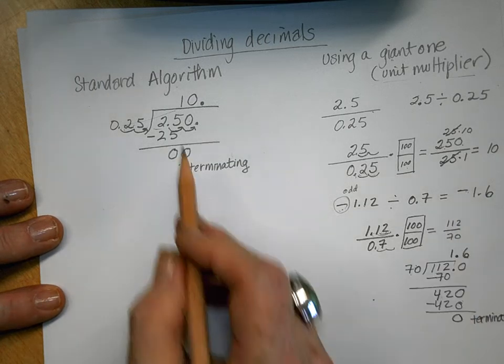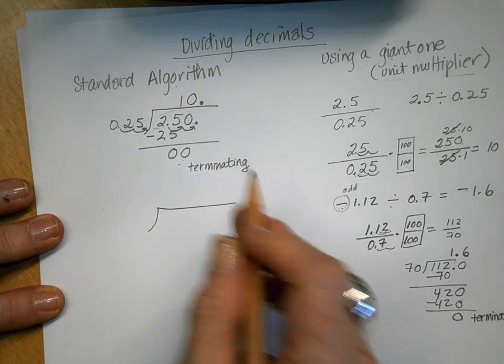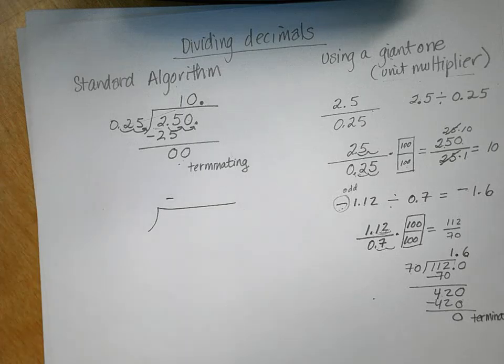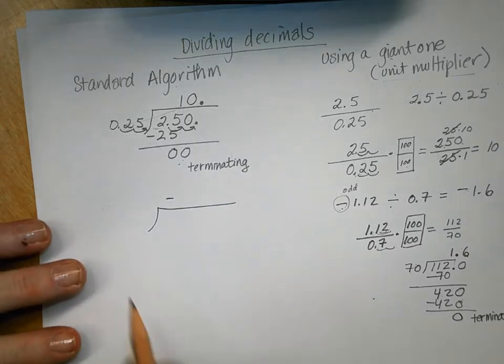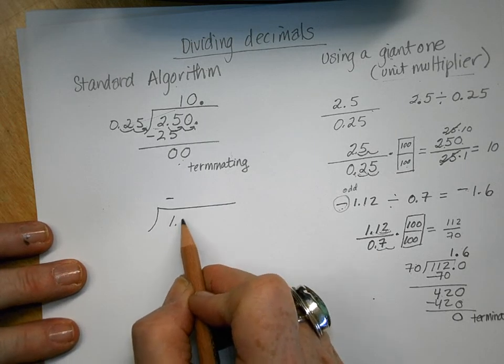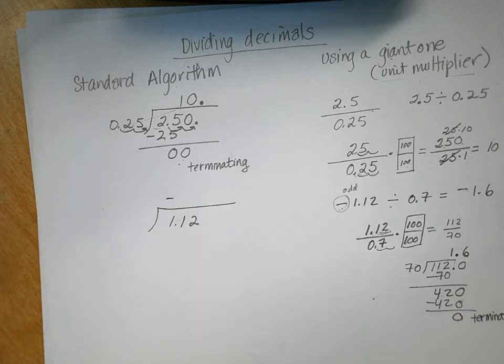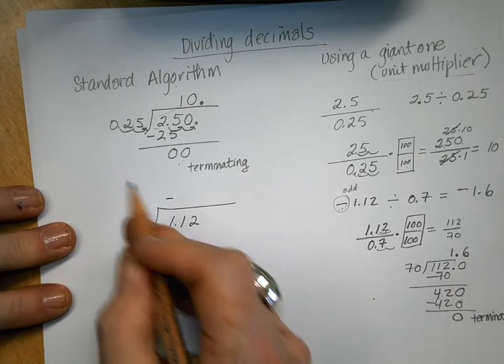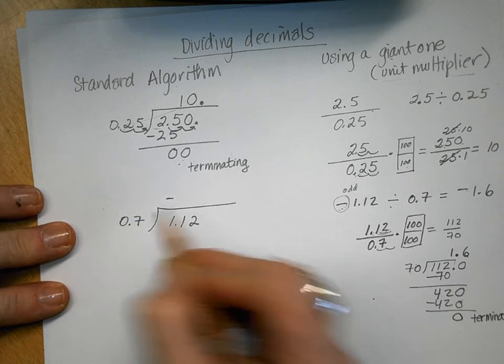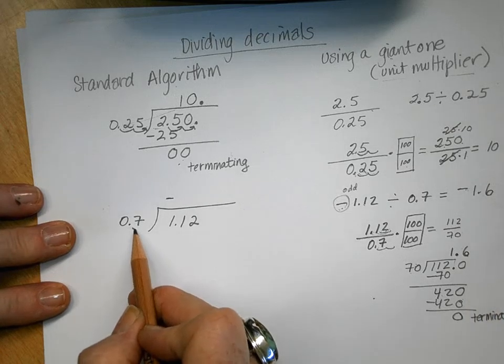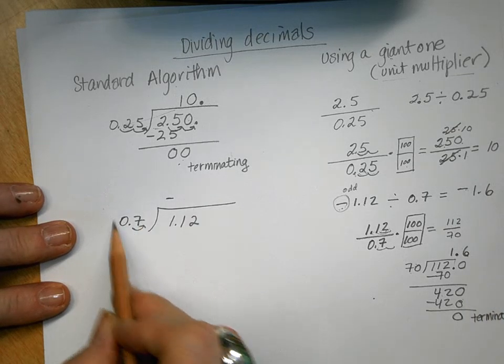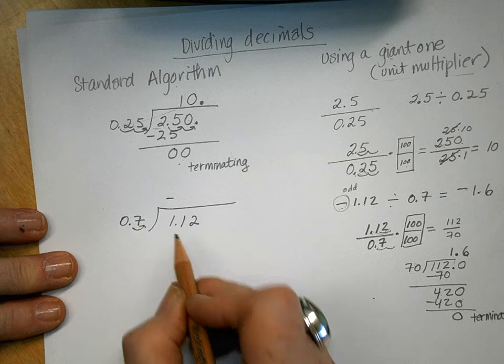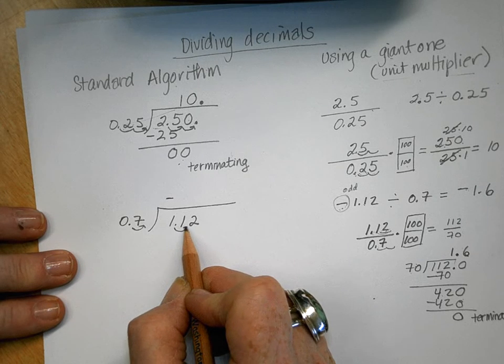Now if I were to do it with a standard algorithm, again, I know my answer is a negative, so I put my negative right there. Now I don't have to worry about it anymore. So I have 1.12 divided by 0.7. So I move my decimal point one place because I want this one to be cleared and be a whole number, and then in that case I move this one one place.